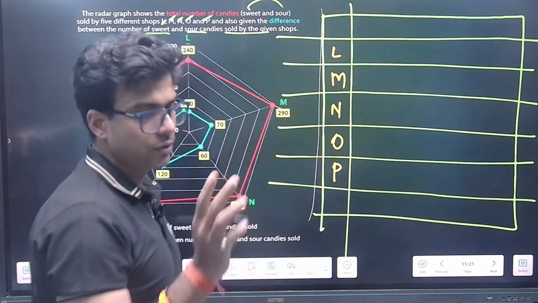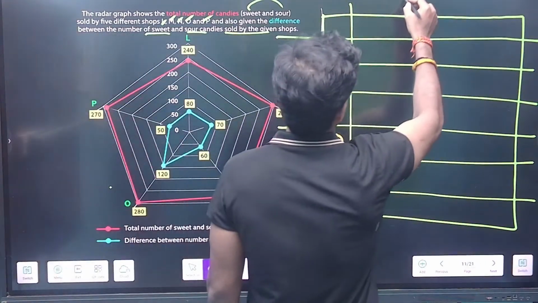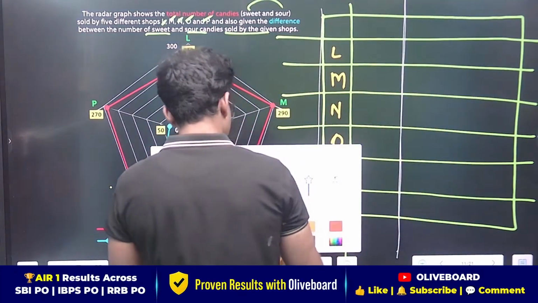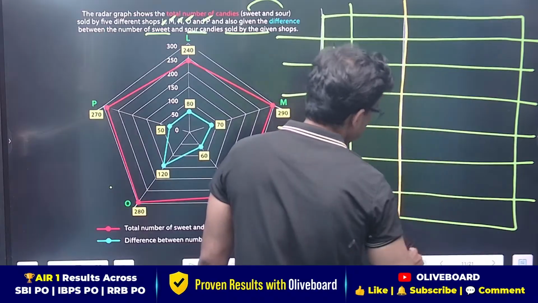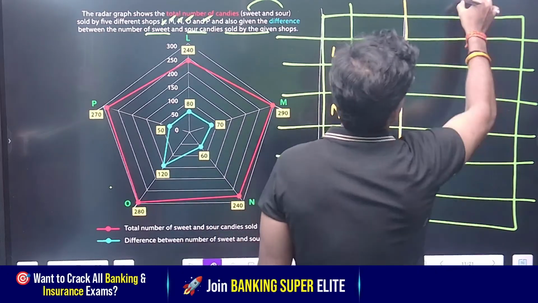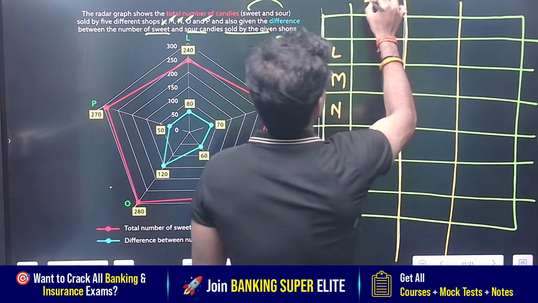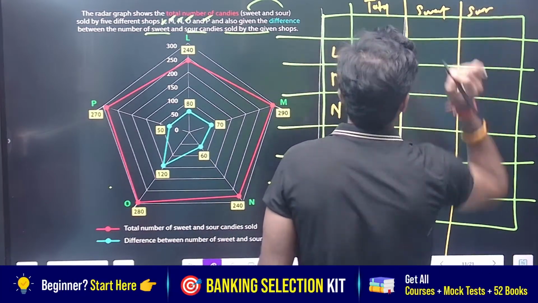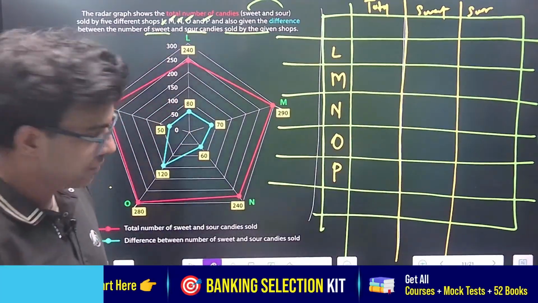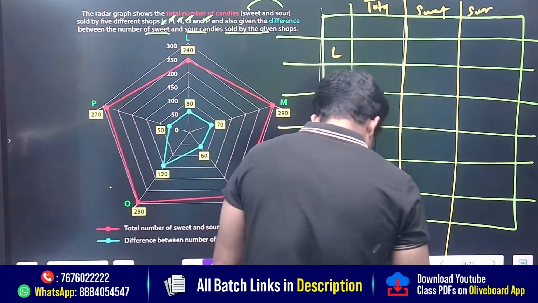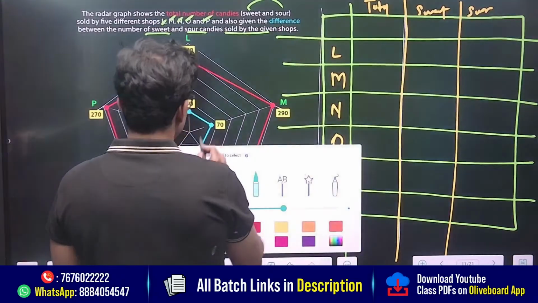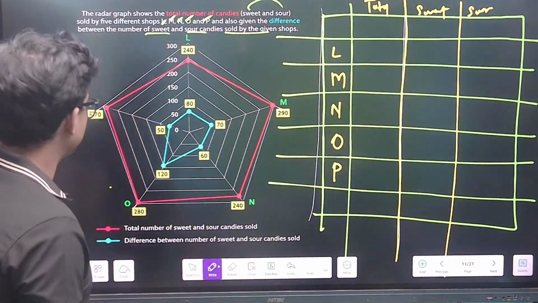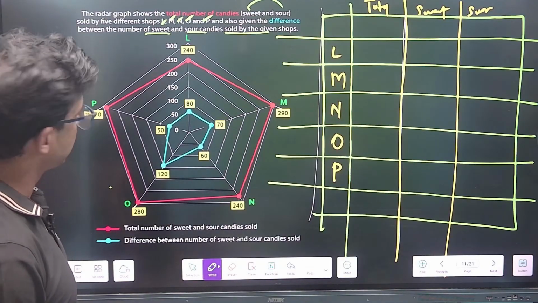Two candies are there, total, sweet and sour. I think everybody had made a table like this only. Those who have done, that's very good. Now let's see. So basically total number of sweet and sour for, let's go for L, is 240.